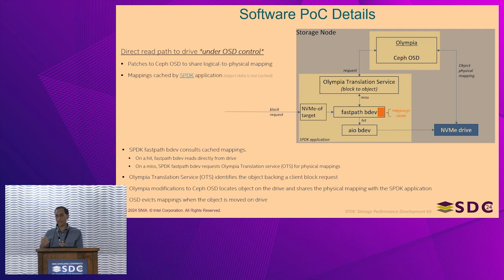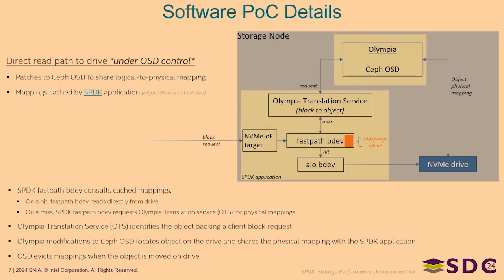The patches that we've added allow us to get that translation: given an object and an offset and length in that object, where on the actual physical drive that the Ceph OSD/BlueStore is managing is the data for that object stored. So that patch allows the Ceph OSD to answer the question: tell me where this object is on the actual physical drive.